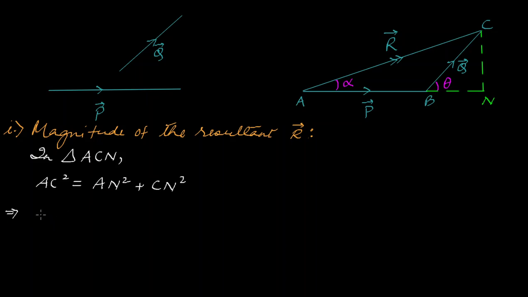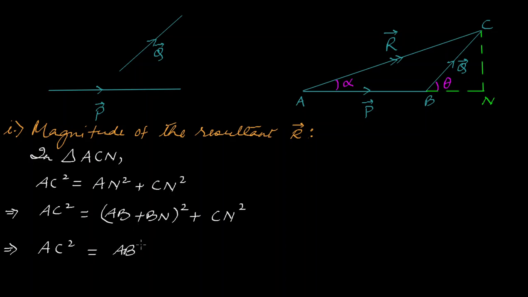AC square is equal to, now what is AN? AN is AB plus BN. So instead of AN, I can write (AB plus BN) whole square plus CN square. Now I can use the (a plus b) whole square formula.